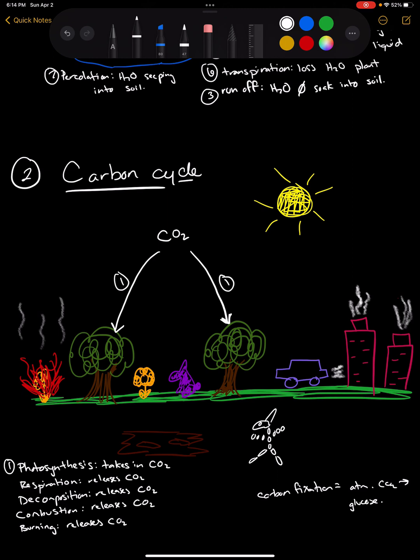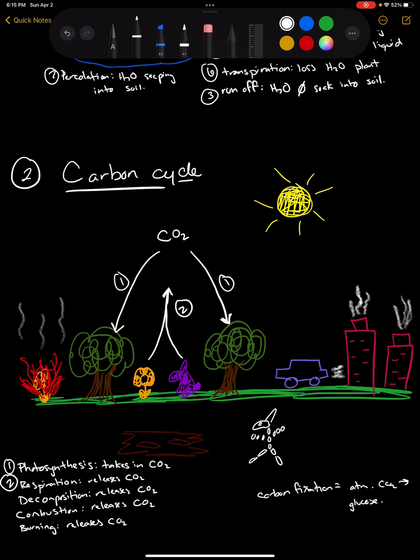So I have photosynthesis taking it in, but don't forget, I have plants and animals that spit my CO2 back into the atmosphere. That's cell respiration, because plants and animals both do cell respiration. And so when we breathe out, that CO2 is going to go back into the atmosphere.